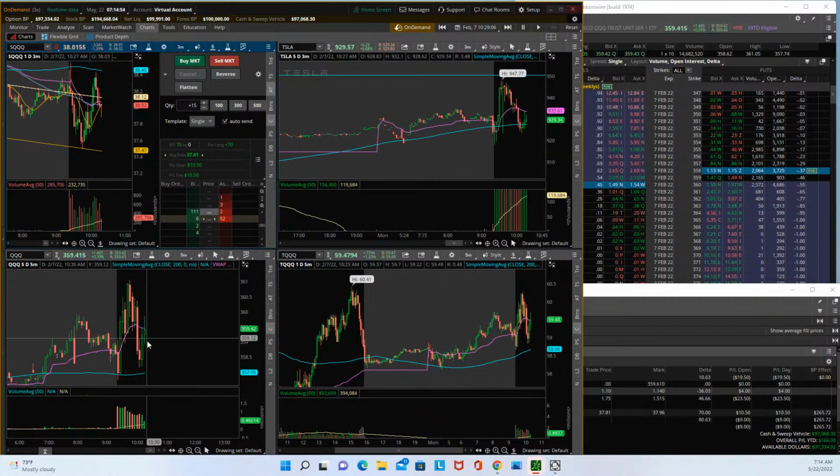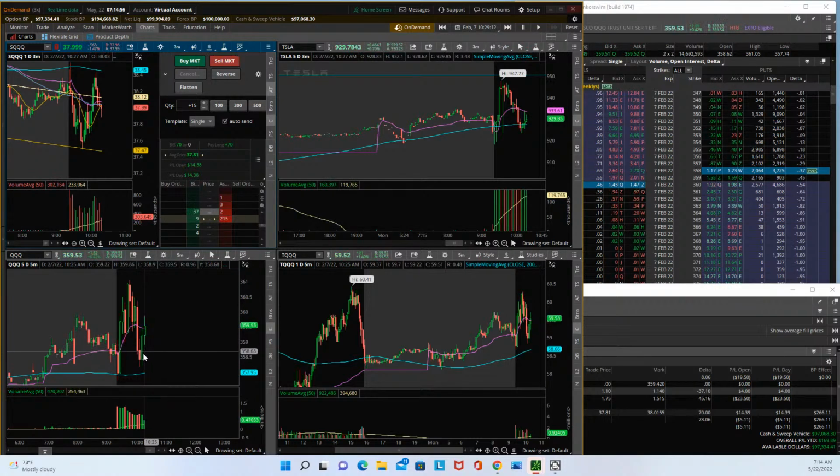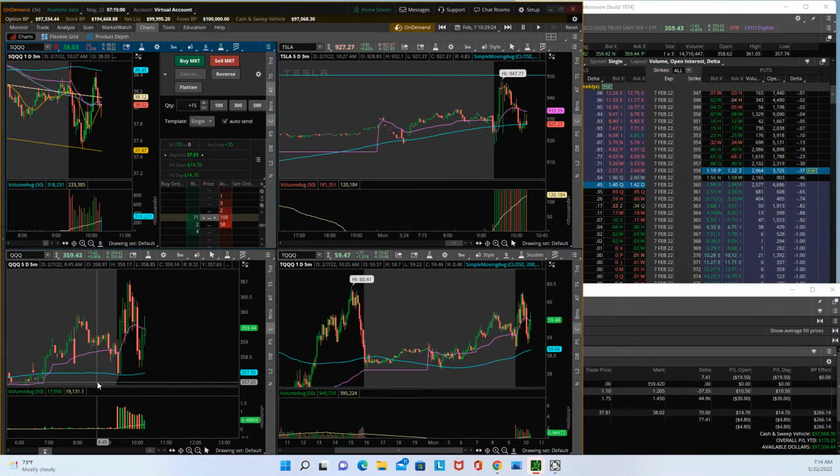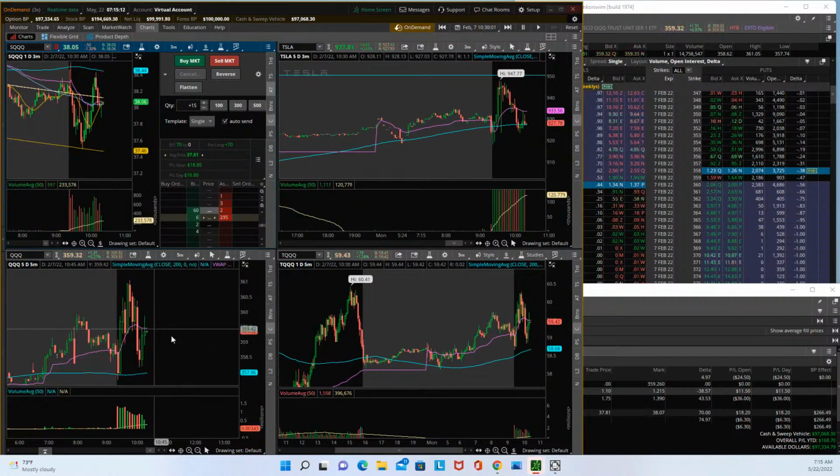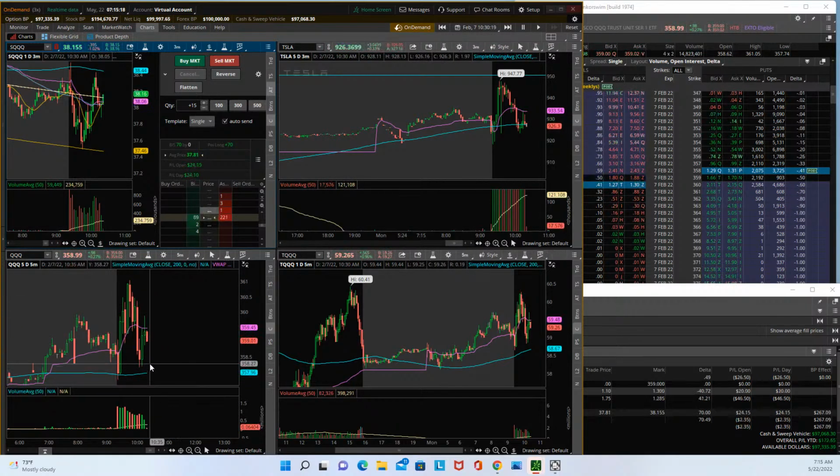Because right now we're confused, right? We want it to start building downwards, and it looks like it just put in these two ranges here for the day, right at the top. That's another thing that you could look at, and see if one of these peaks get taken out, the lows or the highs. There we go, going back down.